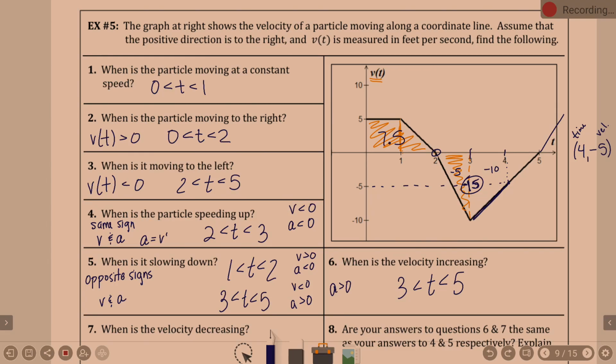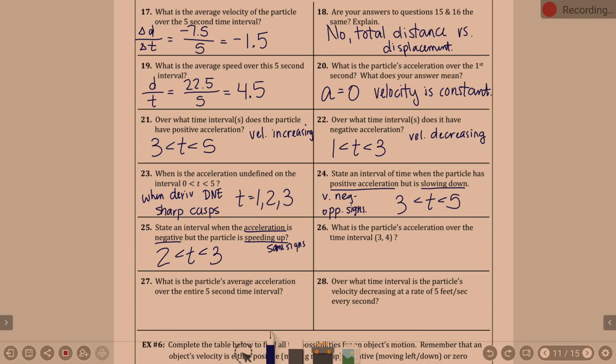Slope. What is that slope? 5. Rise 5, run 1? Yeah. So it's v prime, or it's slope, whichever way you want to think about it, but the acceleration is 5.